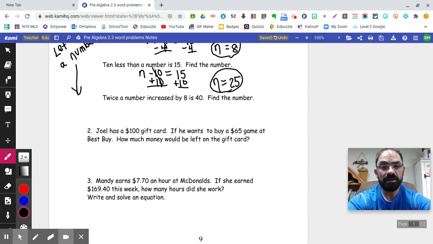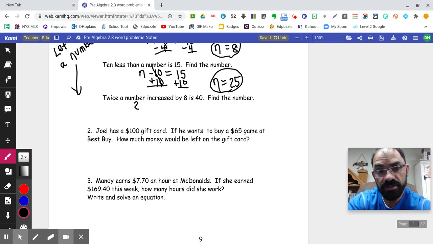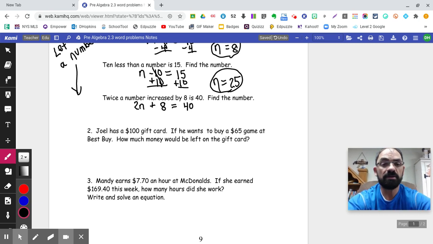Twice a number increased by 8 is 40. Twice a number, that means 2 times that number. Increased is plus 8 is equal, and we have 40. So twice a number increased by 8 equals 40.